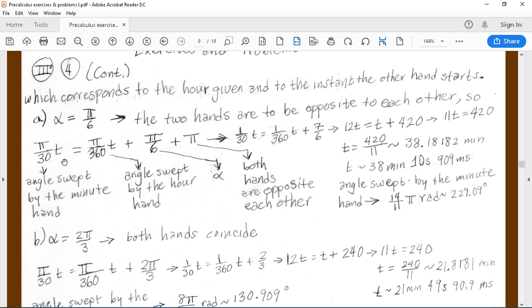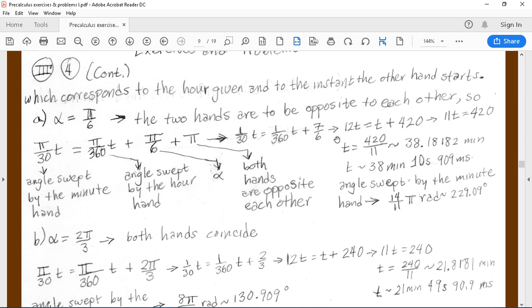So that means that pi over 30 times t equals pi over 360 times t plus pi over 6 plus pi, which means that 1 over 30 times t equals 1 over 360 times t plus 1/6 plus 1, which is 7/6.